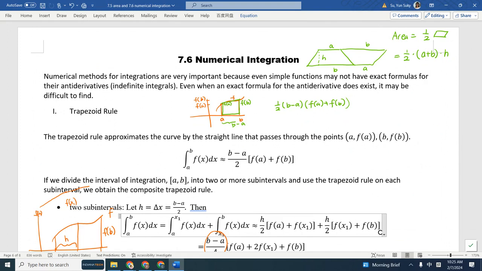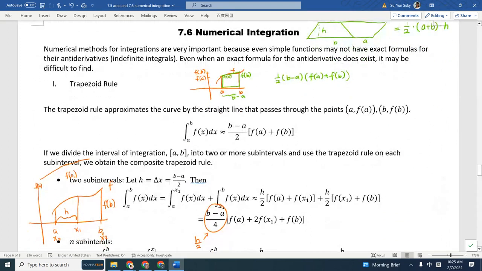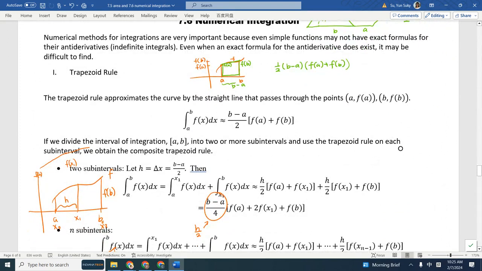So there are other methods where you don't use rectangles, you use, for example, trapezoids. Here we're going to talk about the trapezoid method and Simpson's method to approximate it, so you can have fewer intervals. You separate the interval into smaller intervals, and you use trapezoids to approximate it.